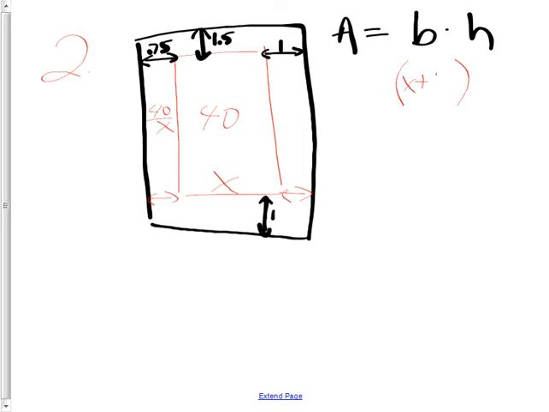So the base is x plus 1.75. The height of it is not 40 over x. It's 40 over x, but then some more, plus that, which makes what? 2.5. So 40 over x plus 2.5.